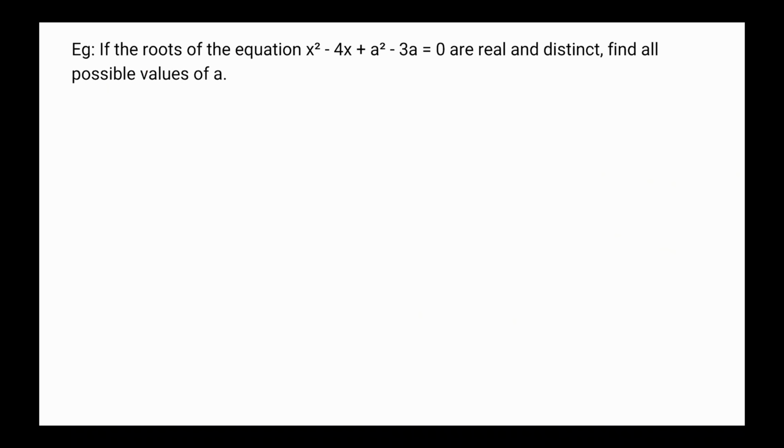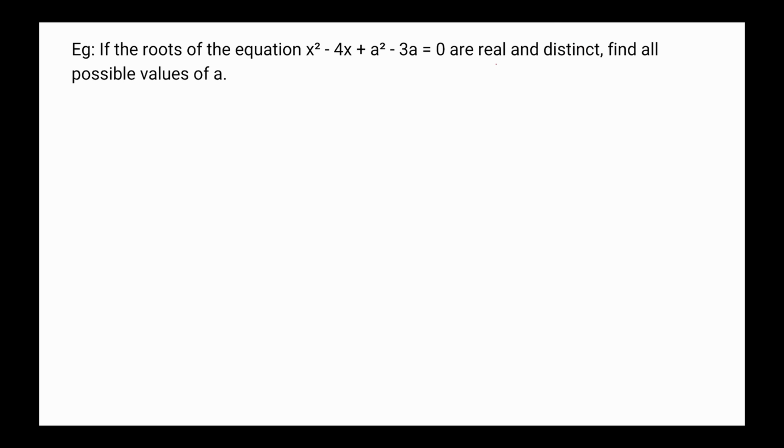Now let's look at this example. If the roots of the equation x square minus 4x plus a square minus 3a is equal to 0 are real and distinct, find all the possible values of a. So they've told us that the roots are real and distinct.